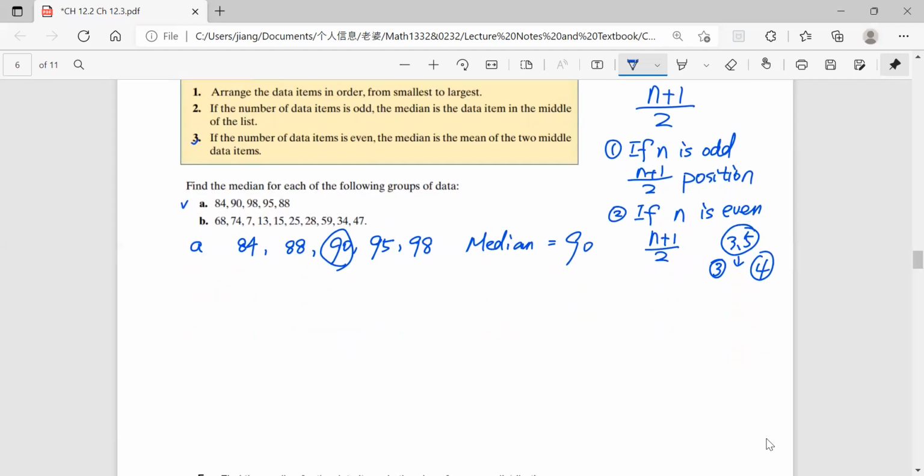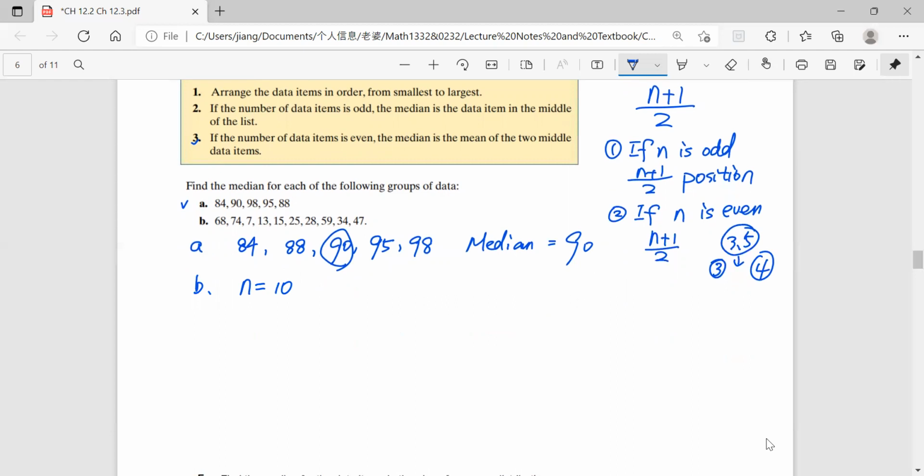Okay, let's see number B. So we have 1, 2, 3, 4, 5, 6, 7, 8, 9, 10. So n equals 10. And they are not ordered from the smallest to the greatest. That means we need to reorder it.